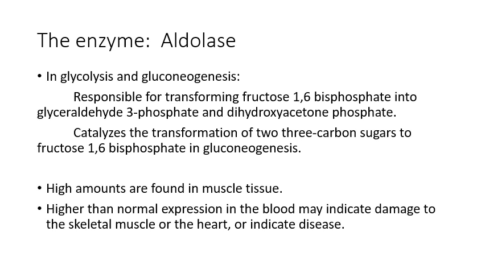It also went the other way in gluconeogenesis and catalyzed the transformation of the two 3-carbon sugars into the 6-carbon fructose 1,6-bisphosphate. High amounts are found in the muscle tissue. That makes sense since there's a lot of energy need in muscle tissue and a lot of breakdown of glucose.